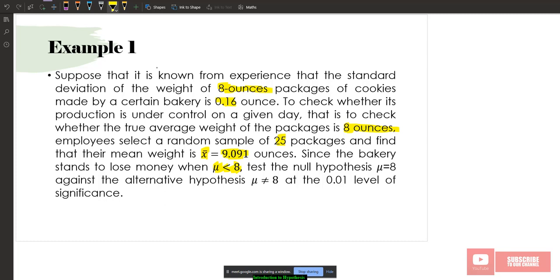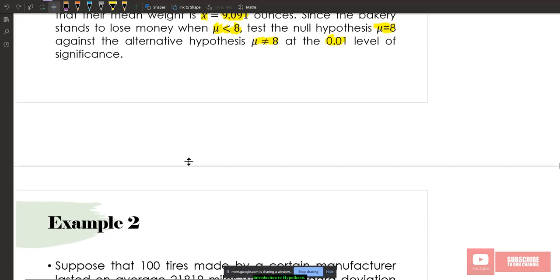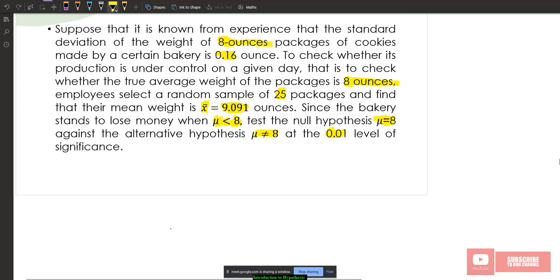So we need to test the null hypothesis mean equal to 8 against the alternative hypothesis mean is not equal to 8, at 0.01 level of significance. Remember, level of significance is alpha. First step, hypothesis statement.